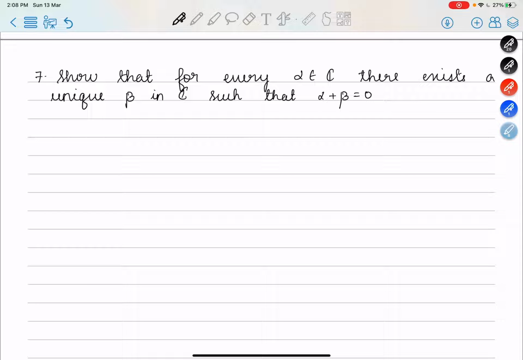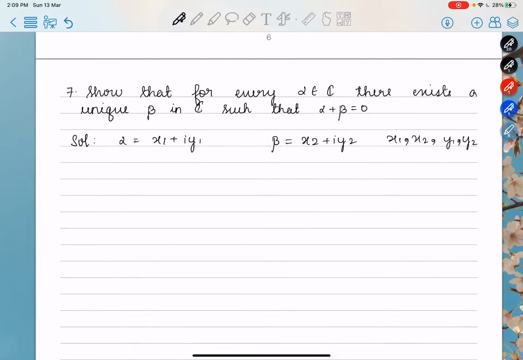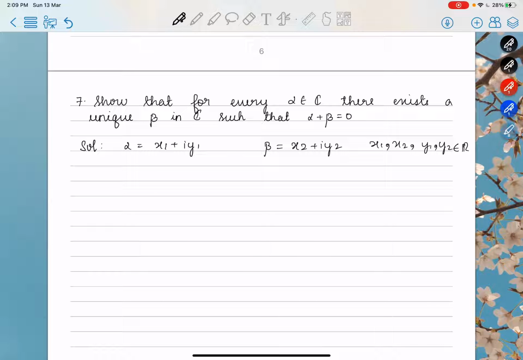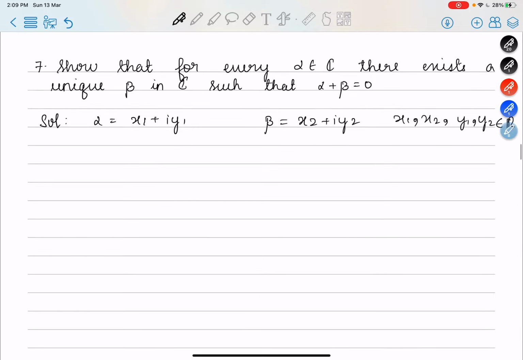Next question says, show that for every alpha belonging to C, there exists a unique beta in C such that alpha plus beta equals 0. So here again, what I'm going to do is choose alpha to be x1 plus iy1 and beta to be x2 plus iy2, where x1, x2, y1 and y2 belong to real numbers. So what are they saying?